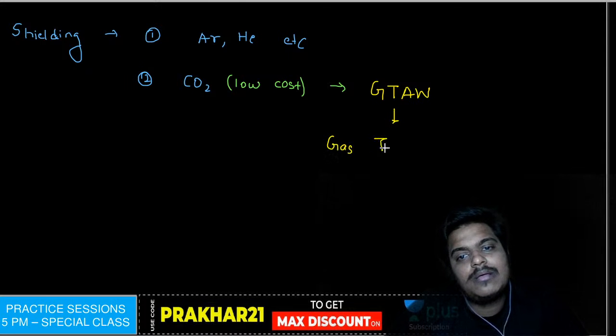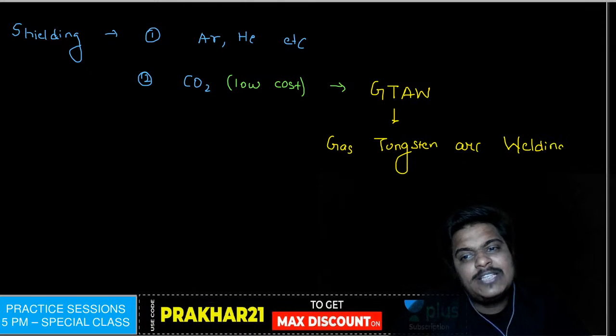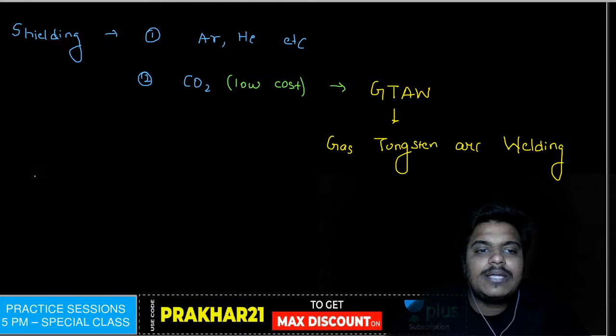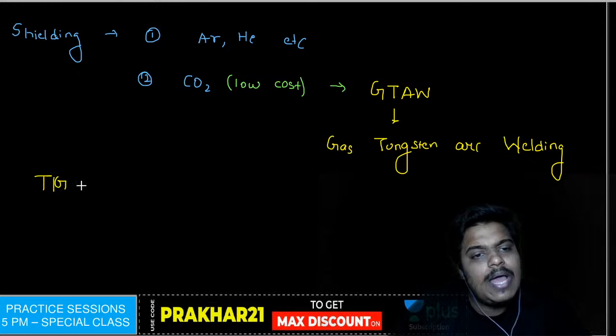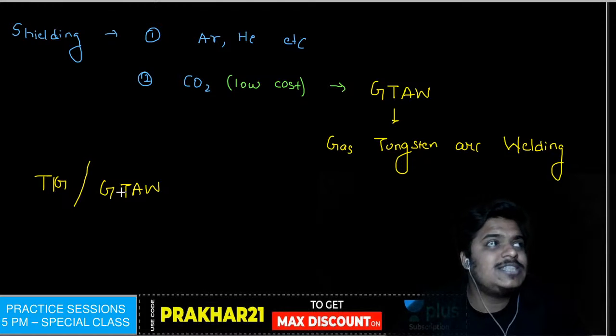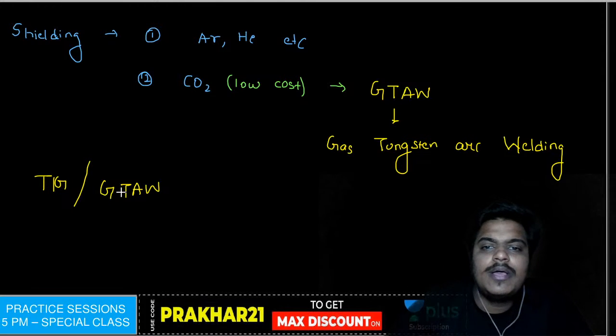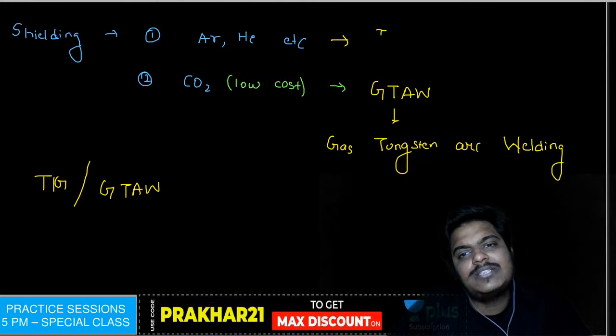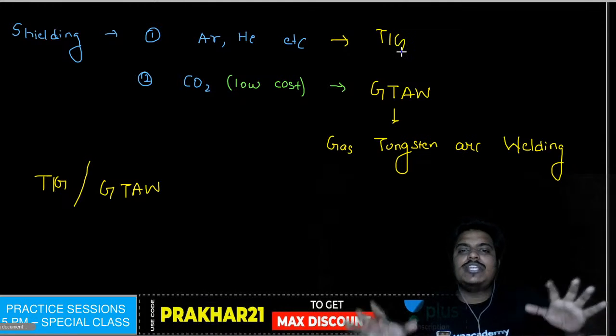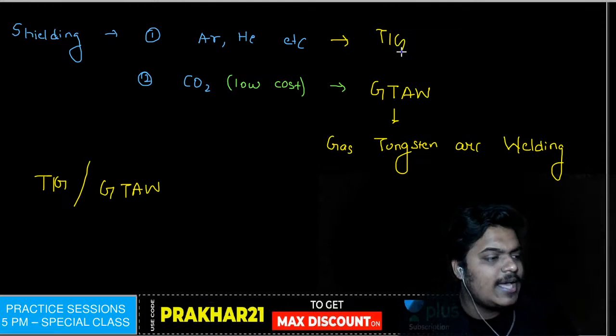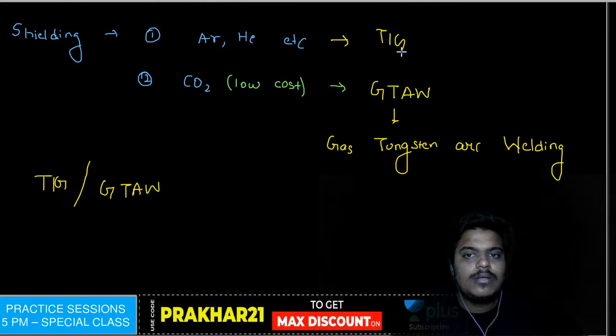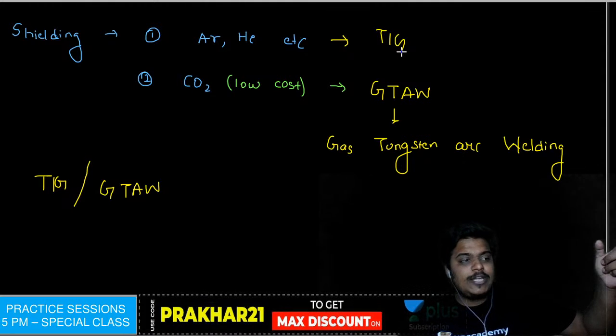Gas tungsten arc welding. Is it clear? So please don't get confused between TIG and GTAW. Both are the same process, just in TIG inert gas is used. And when we are not using an inert gas as shielding gas, we call it GTAW. That is different.